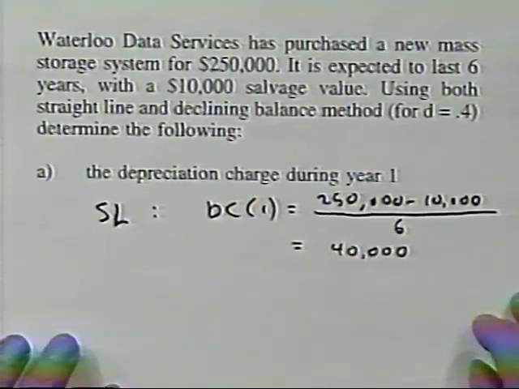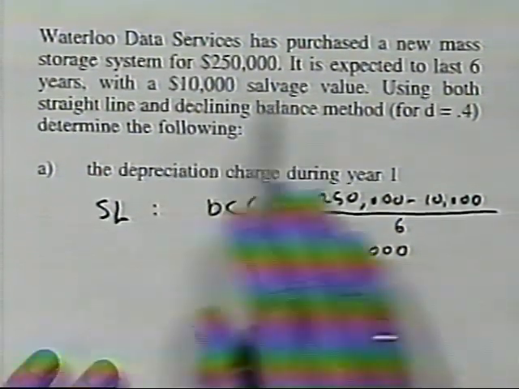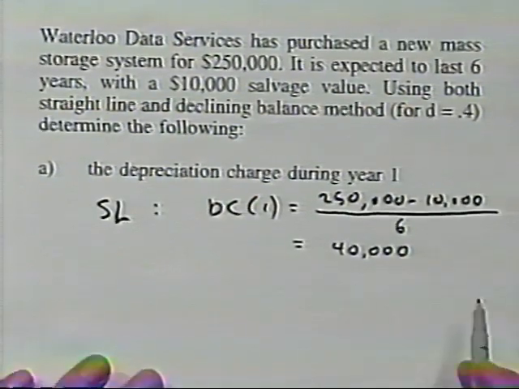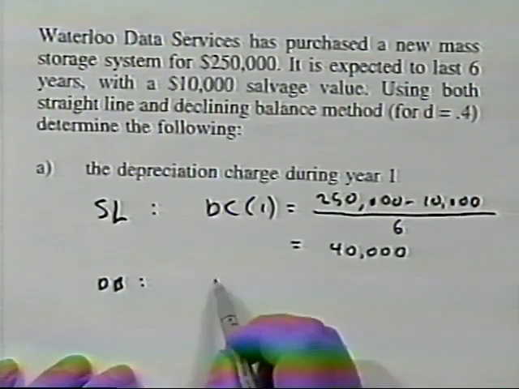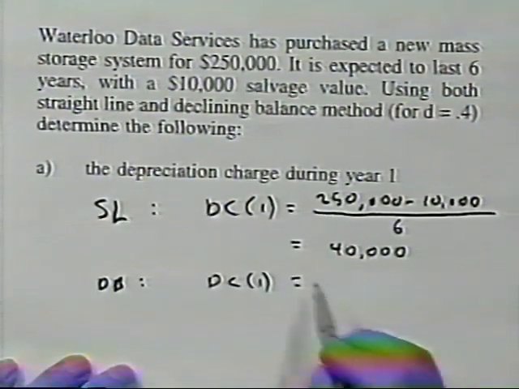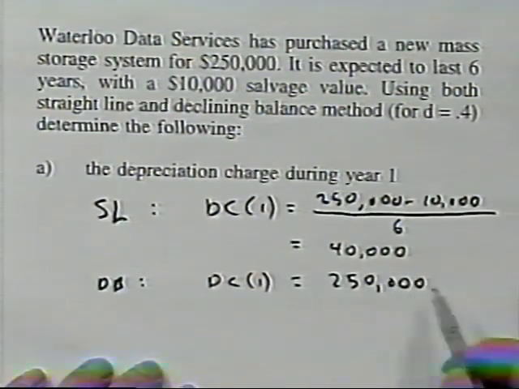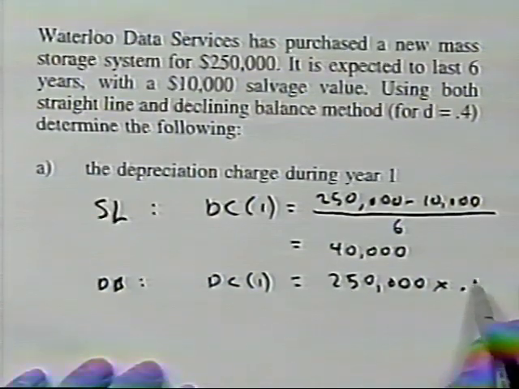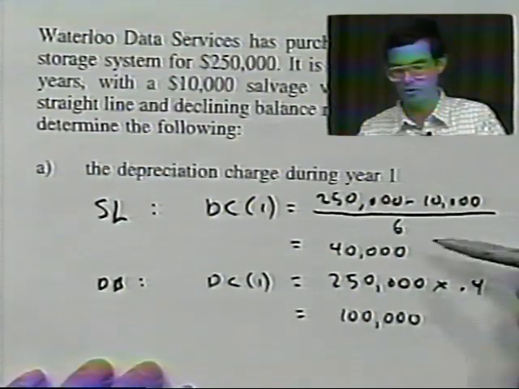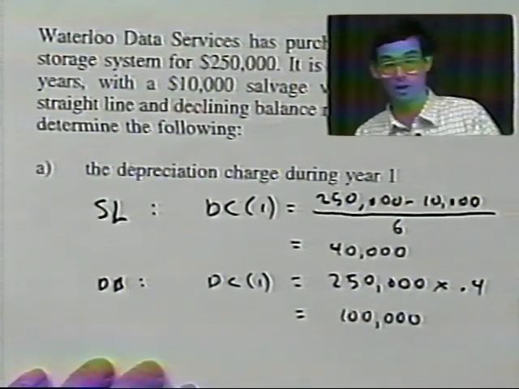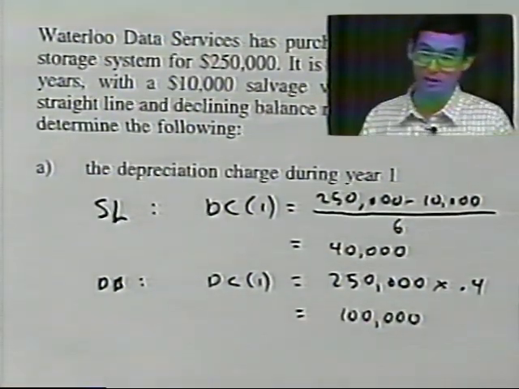So in other words, under the straight line method, we're calculating a loss in value for this mass storage system of $40,000. Under declining balance, the calculation is going to be that first cost of $250,000 times the depreciation rate of 0.4. That's $100,000. So you can see here under the two methods, there really is quite a big difference of $60,000, which would effectively be a savings of $30,000 in taxes for the company.